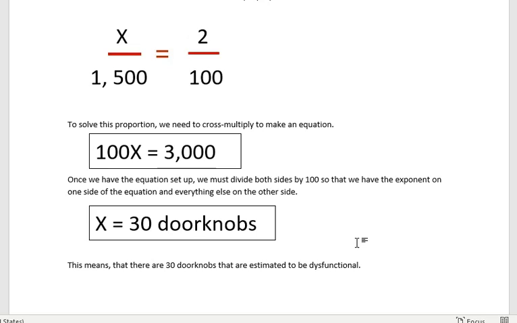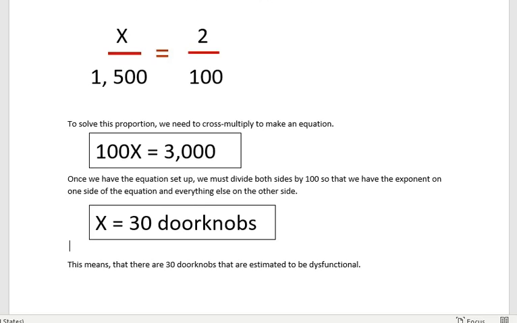We need to give units because once you get into higher math, it's crucial to know what is what. Alrighty, so this means that there are 30 doorknobs that will be estimated to be dysfunctional out of the total 1,500 doorknobs that were made. Great, we know this is proportional. We know that this is representative of the total population from our sample size.